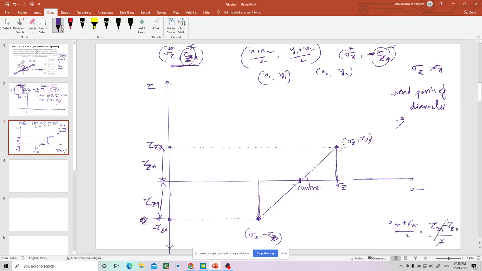So this is 0, which means the y coordinate is 0. Here also the y coordinate is 0, only the x coordinate is there. That is how this becomes the center of the circle.